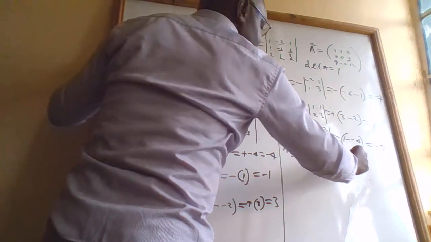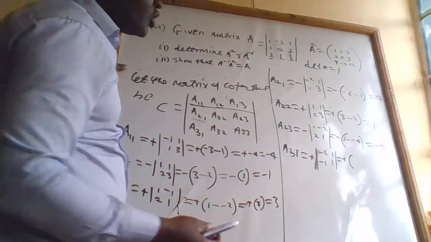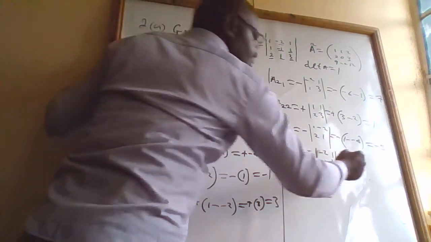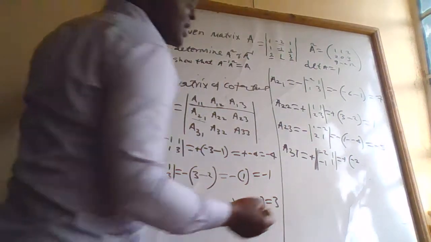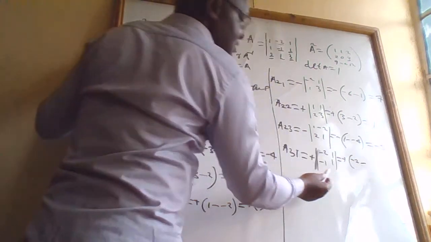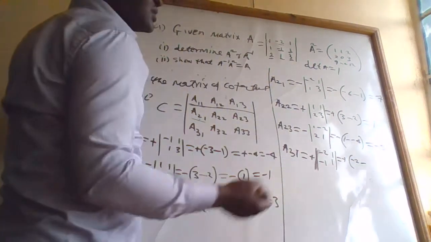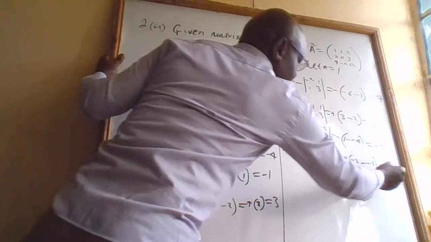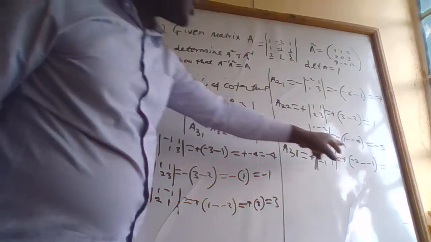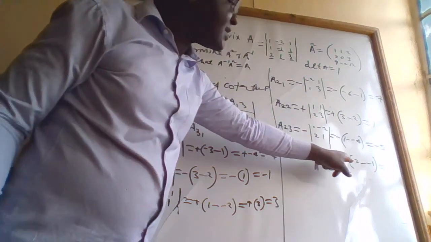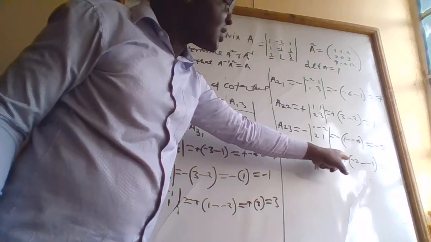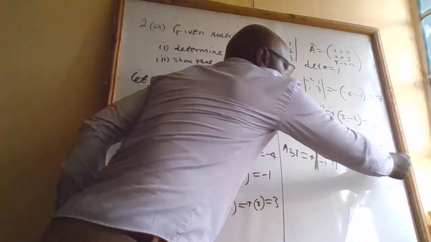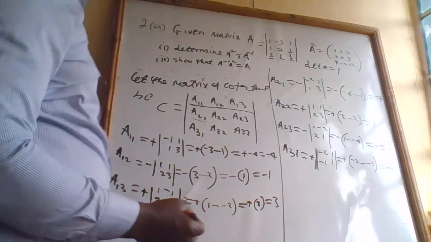So this equals plus, negative 1 times negative 2, we have negative 2, and then minus negative 1 times 1. So negative 2 minus negative 1 is the same as negative 2 plus 1, which will remain with negative 1. This is negative 1.